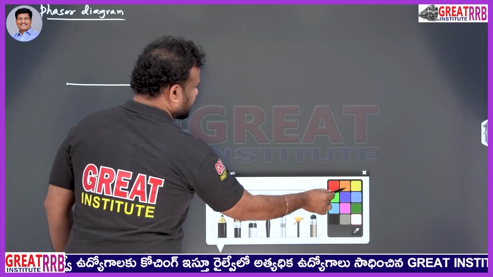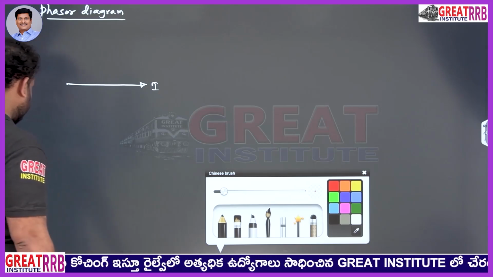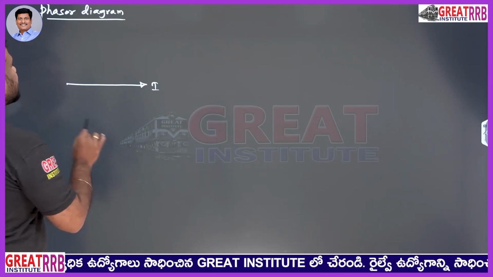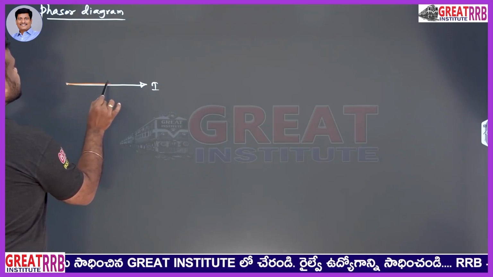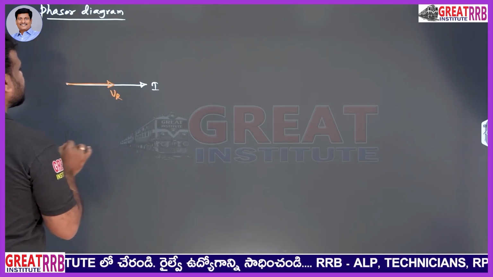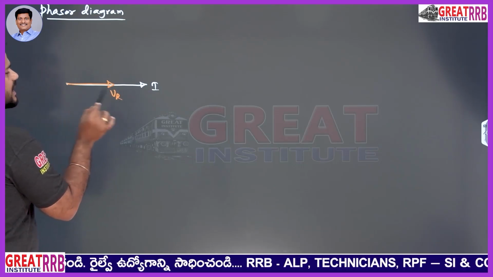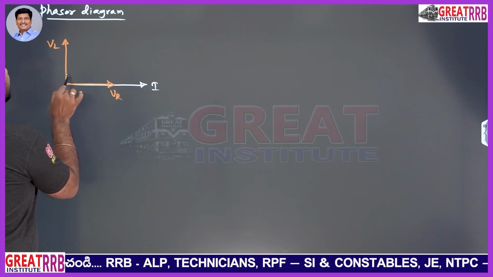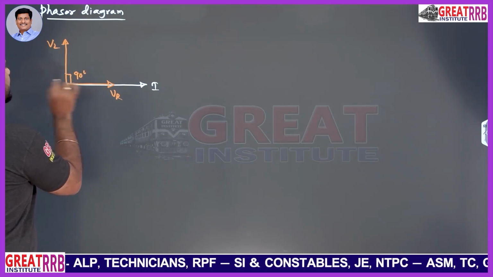Next, as for the inductor and resistor, one is 0 degrees, one is 90 degrees. The resistance has voltage and current in phase. Similarly, the voltage across the inductor must lead the current by an angle of 90 degrees. That is what we have seen.